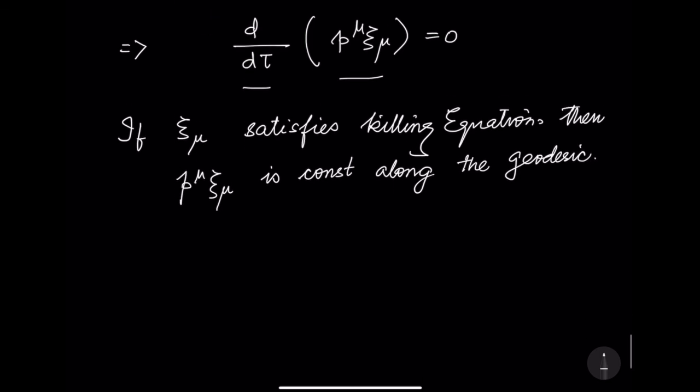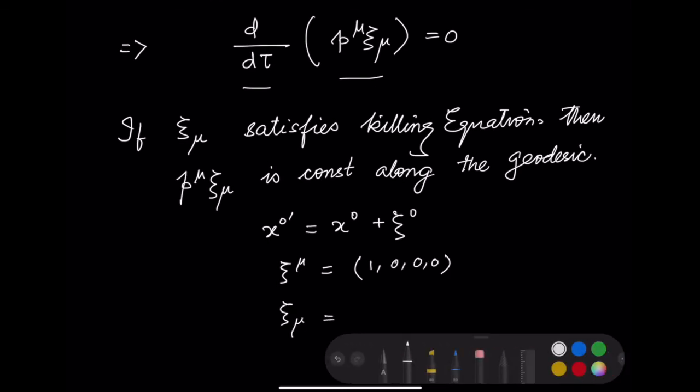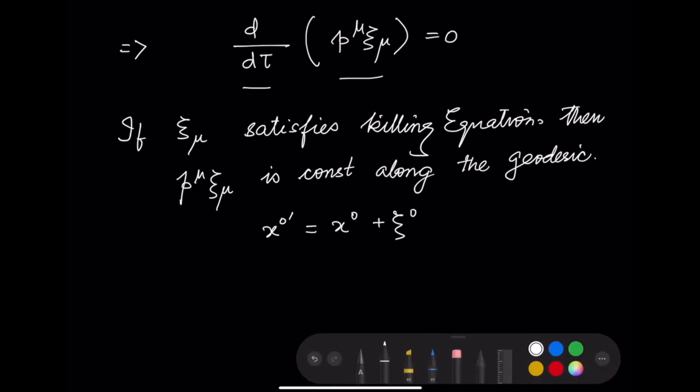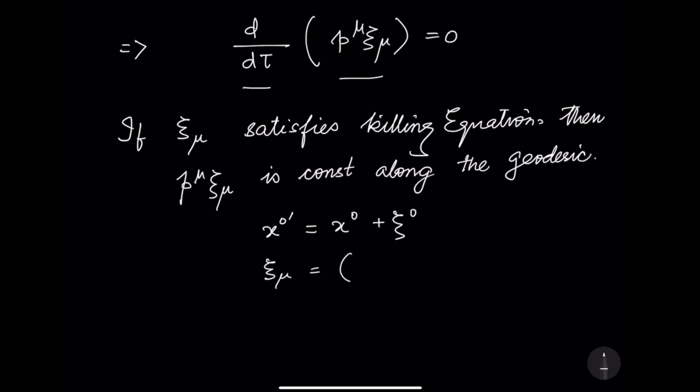Like, for example, a very simple case: if there is a translation invariance in the x direction, which means that now x0 prime equals x0 plus xi 0, and the corresponding xi mu is, say, 1 0 0 0. What is the conserved quantity?